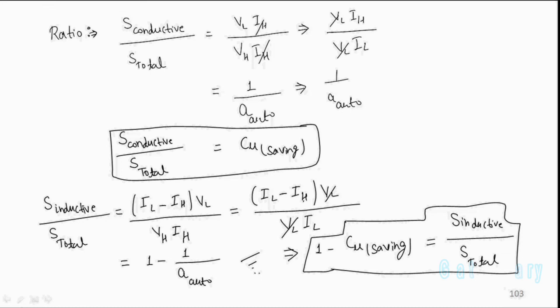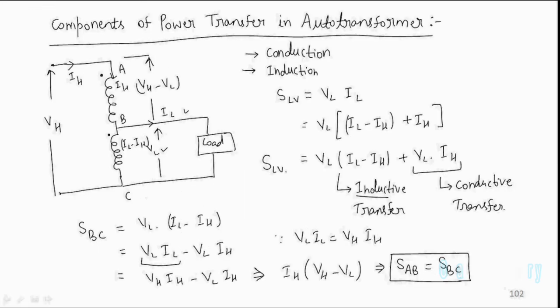So S conductive by S total equals the copper saving, or you can say this is equal to 1 by A auto. Similarly, you can find S inductive by S total. S inductive is basically (IL minus IH) into VL.